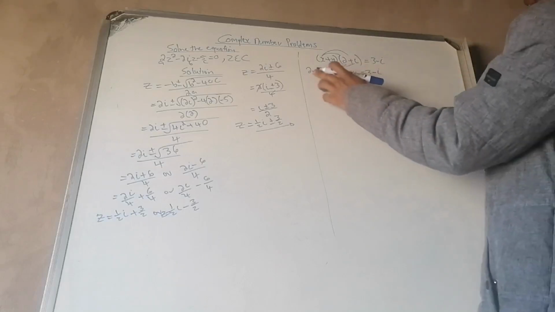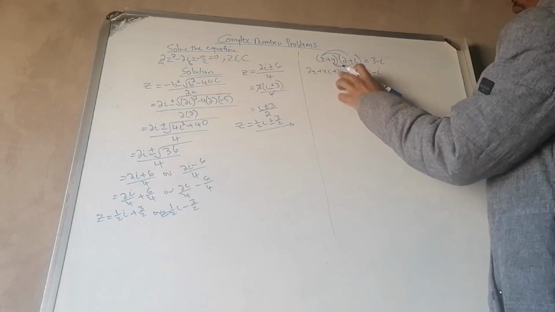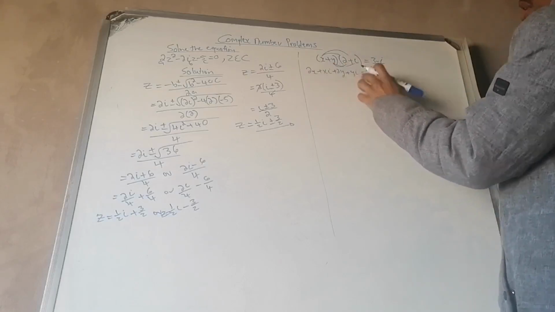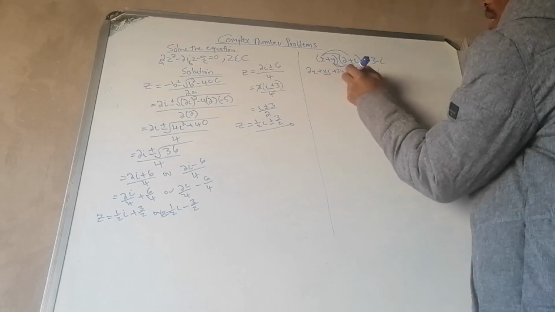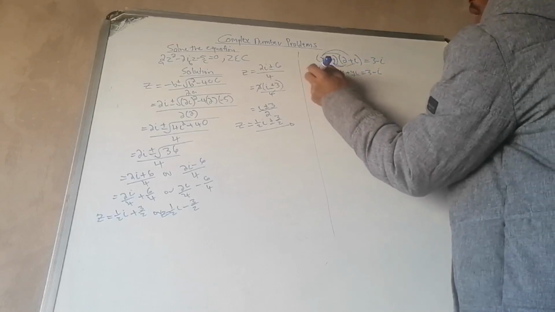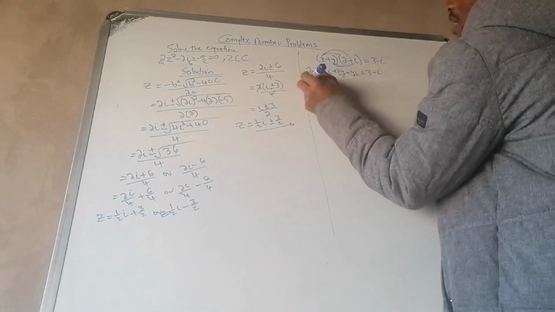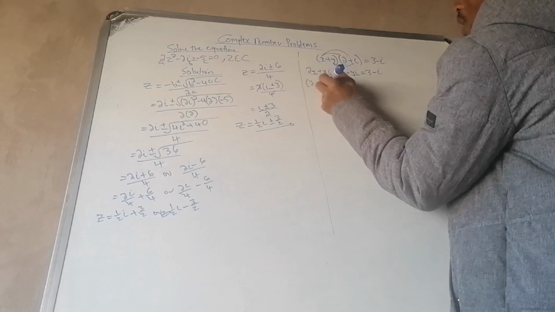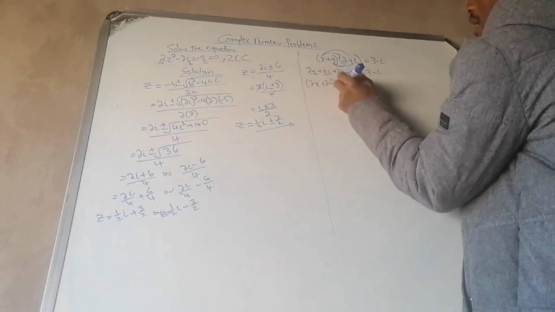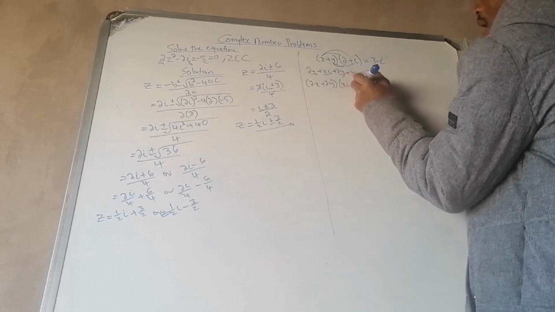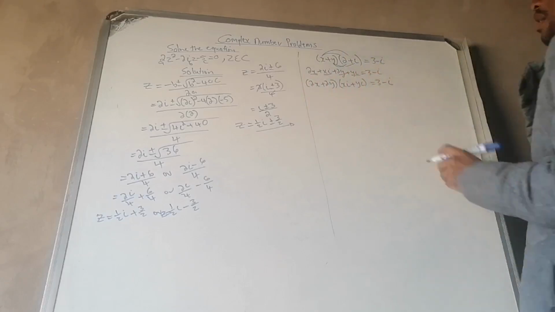But if I group this with this and this with that, so meaning I can group i with the i's and I can group whatever is left with whatever is left. So I can say 2x plus 2y, and I can say xi plus yi equals 3 minus i.